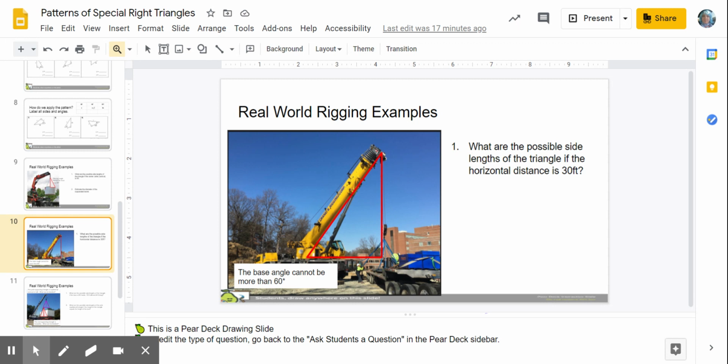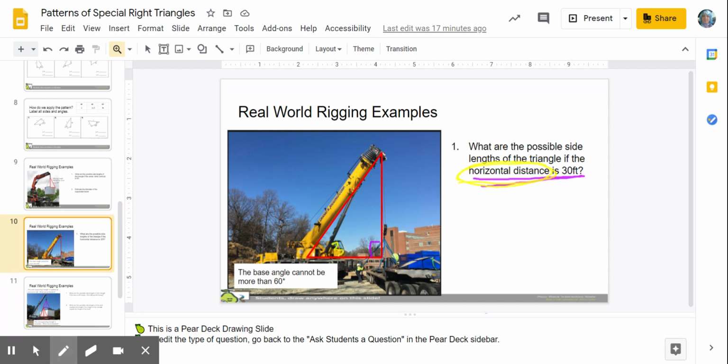So let's go to the next one. Slide 10. What are the possible side lengths of a triangle if the horizontal distance is 30? So if I say the horizontal distance is 30, which side is that? The up and down, the right and left, or the hypotenuse? Horizontal distance. Where's the horizon line in the sky? It is left to right.